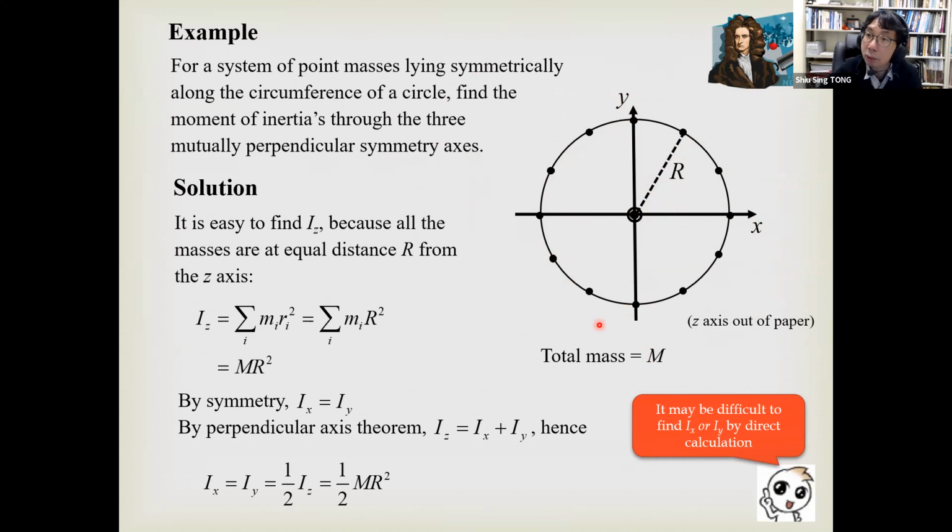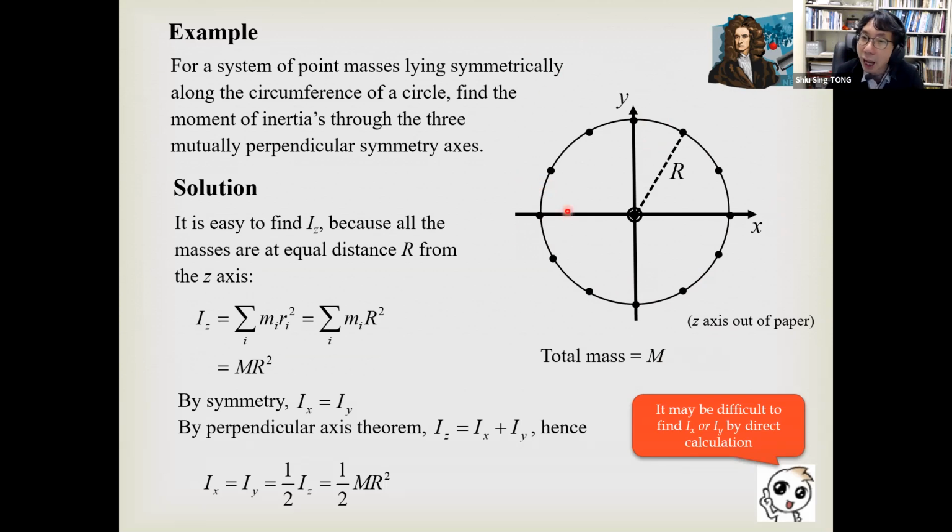All the masses lie on the xy plane in a circle, and the distribution is symmetrical about the y-axis and also about the x-axis. But we don't know how they actually distribute. We only know that they are in the xy plane, they have symmetry about the x and y axes, the masses are evenly distributed, and they are point masses.